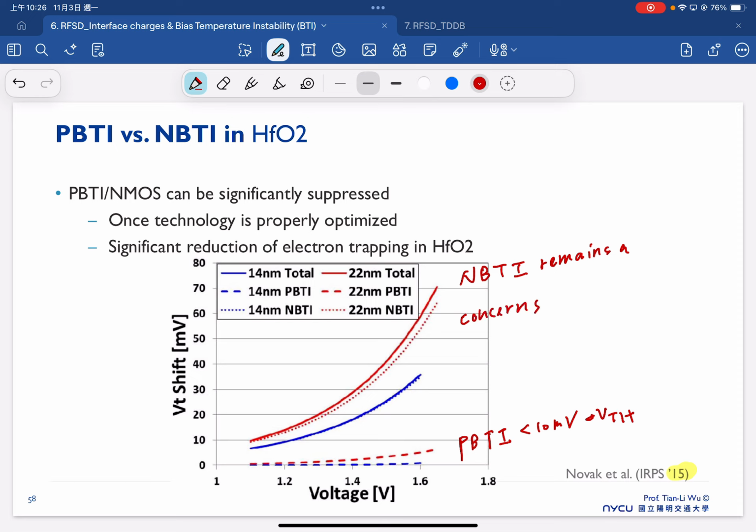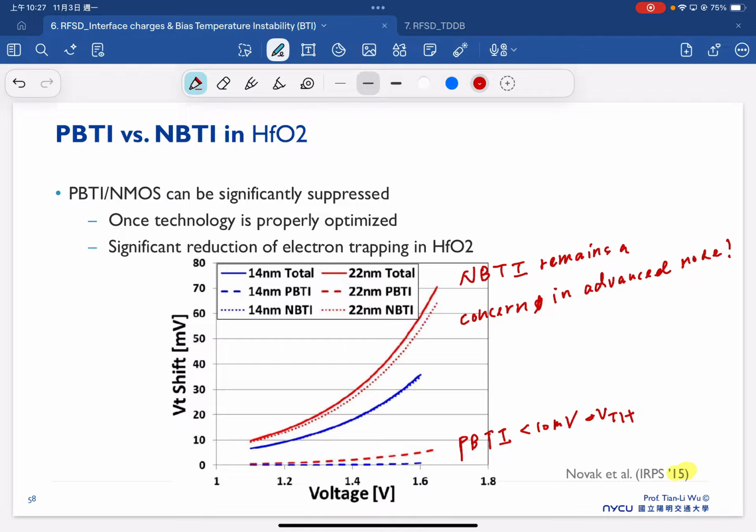And these concerns not only happen in 22 nanometer and 40 nanometer, but nowadays in the advanced technology we still suffer from NBTI. If you look up BTI on Google Scholar for the last 3 years, you will see lots of papers talking about NBTI in advanced technology. That's still an issue that we need to try to overcome.